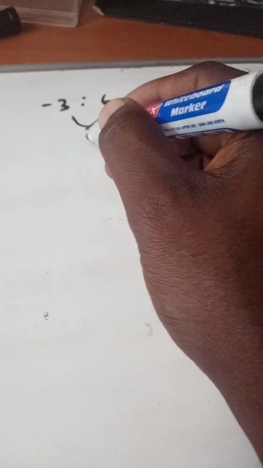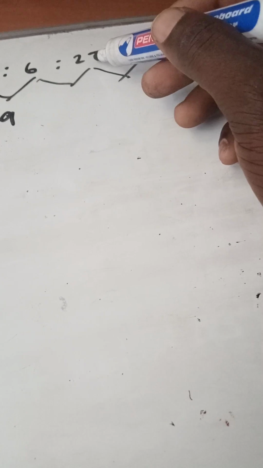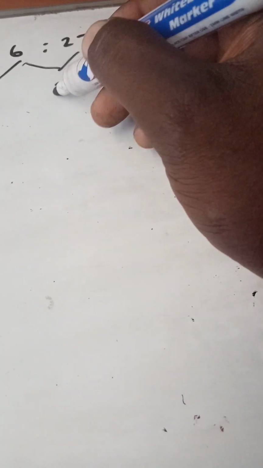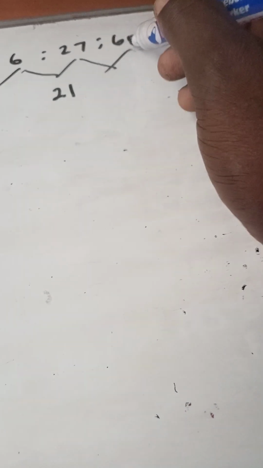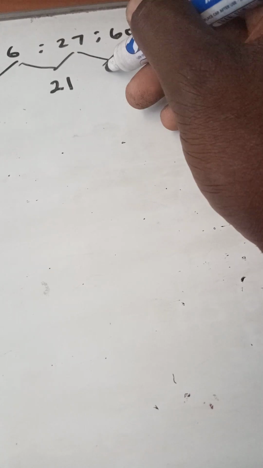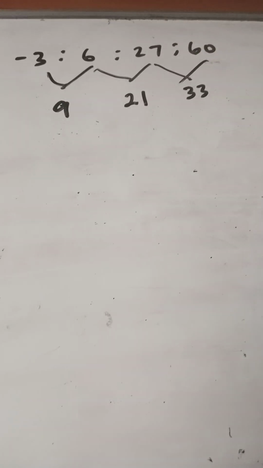When you find the first difference, you will realize that 6 minus minus 3 is 6 plus 3, which is 9. 27 minus 6 is 21. 60 minus 27 is 33. So there's no constant difference here.